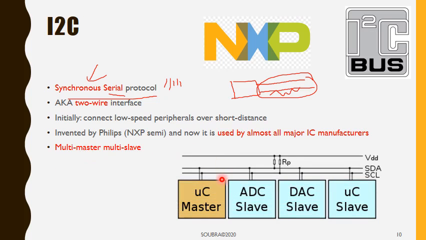And here we can see a schematic showing the bus. So anyone can see that we're having one master here and three slaves, and my slaves are an ADC, a DAC, and something else. And the master is of what nature? So both the master and one of the slaves are microcontrollers.